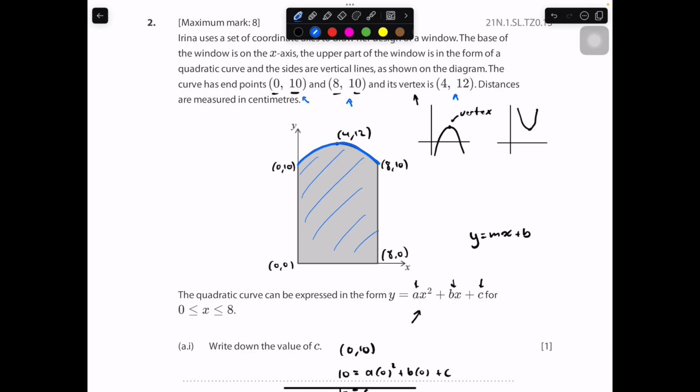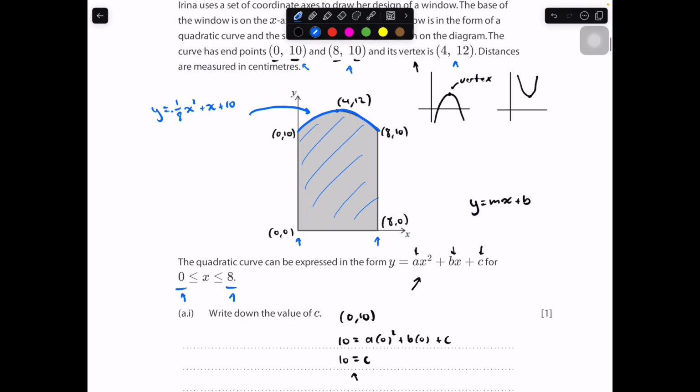We know that this quadratic can be expressed, so this line, or at least this part of it between 0 and 8, can be expressed through this, this negative 1 over 8 x squared plus x plus 10. And we want to find the area that is under this curve between the values of 0 and 8. So it starts at 0 and ends at 8.